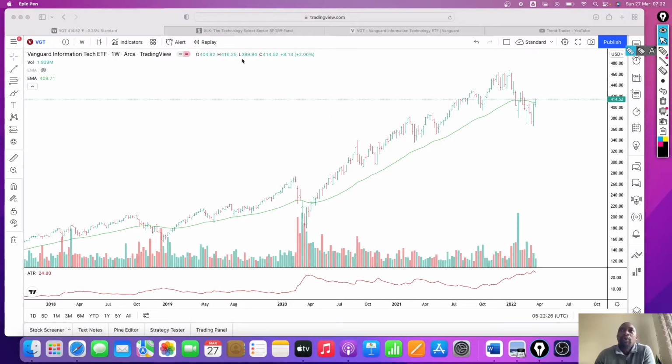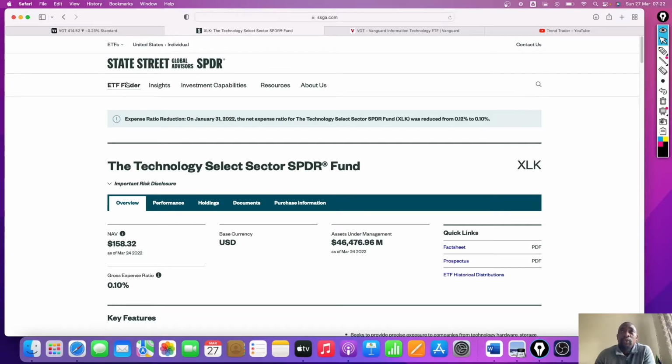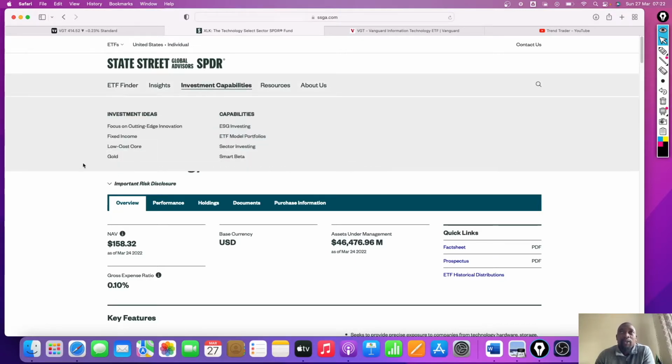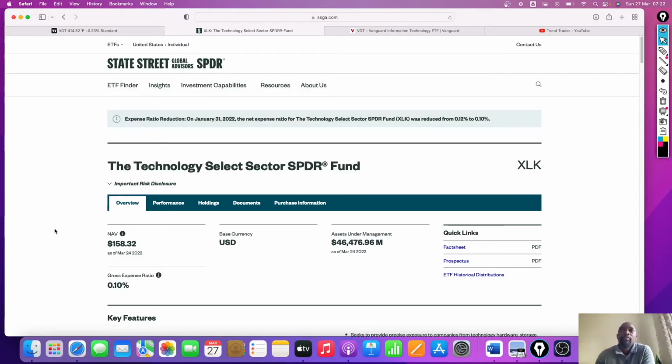Before we go there, I just want to show you that if you go to the SPDR website, or you just Google XLK ETF, it will take you to this website. The ETF issuer of XLK is State Street Global Advisors. We refer to this as SPDR, but we just call it a SPDR ETF. So a brief background on this ETF.